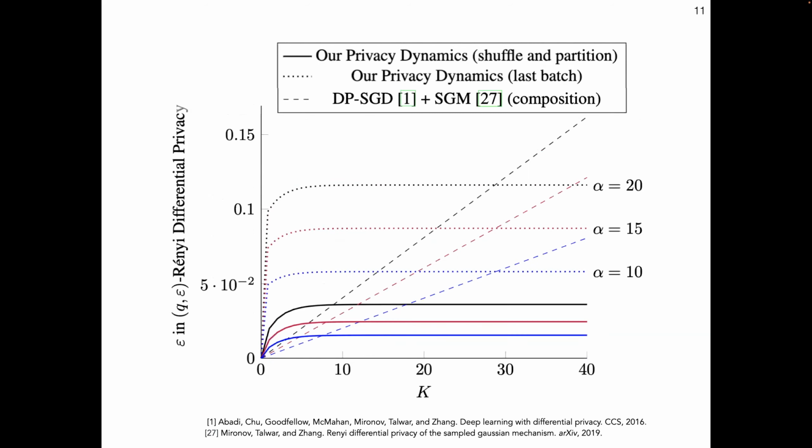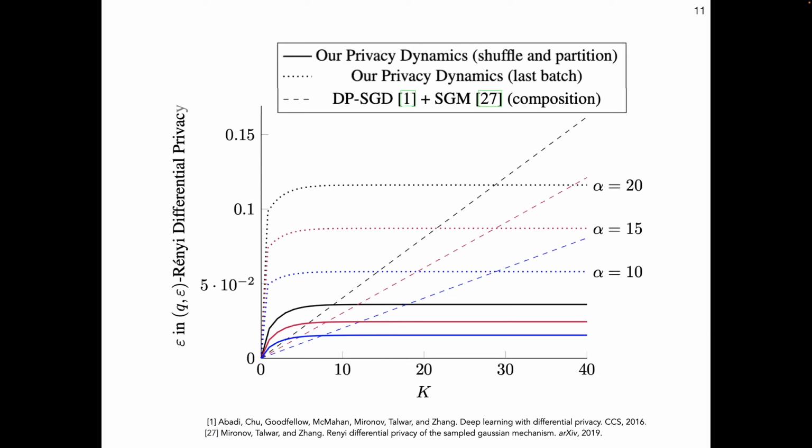And when we compare it with the composition-based bound, again, we can observe that it's smaller than the composition bound after a smaller number of epochs.